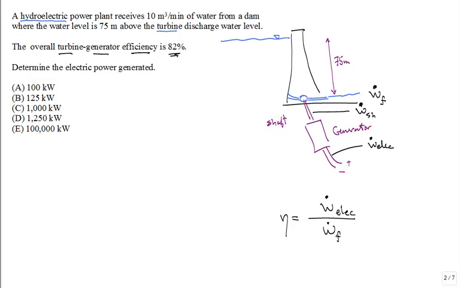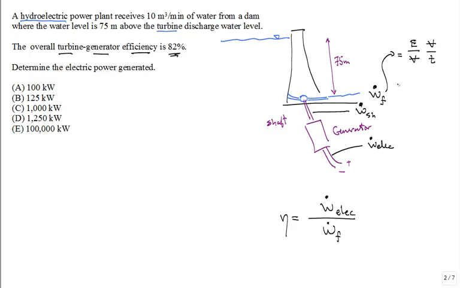This W dot fluid, you can think of it in three ways. It would be something like the energy per unit volume times the volume per unit time flowing. So I say the change in mechanical energy of the fluid per unit volume of the fluid times the volume per unit time that the fluid flows through the hydraulic turbine, then I would get what is coming out of the fluid stream.